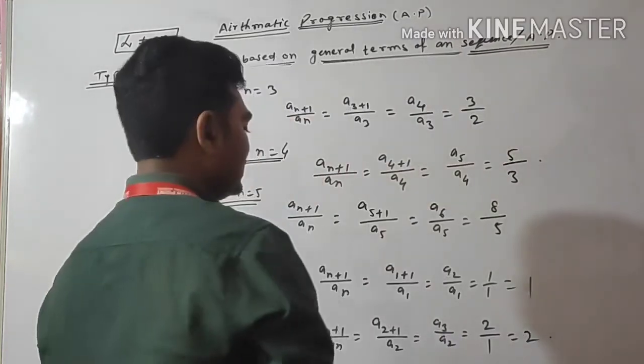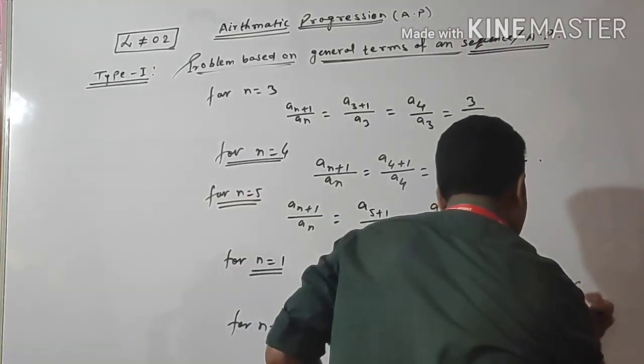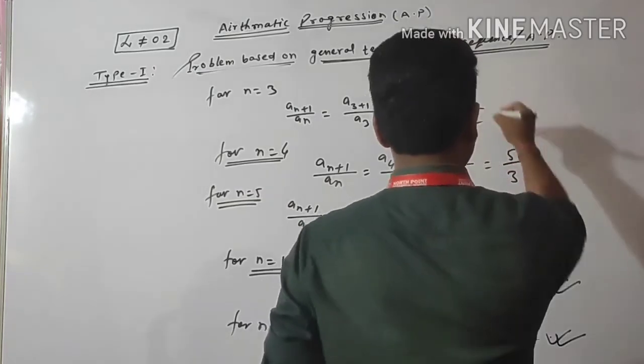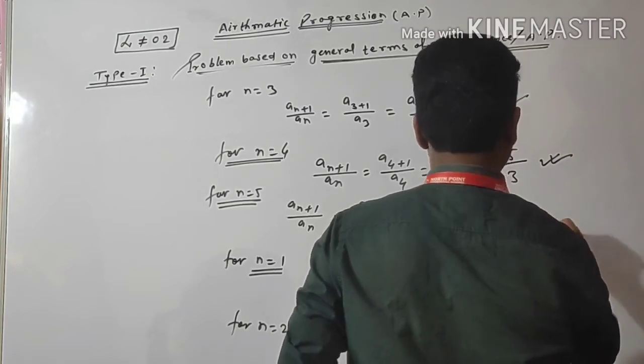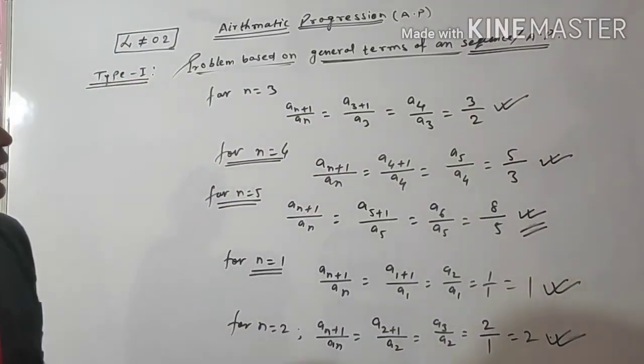So the final answer is 1, 2, 3 by 2, 5 by 3, and finally 8 by 5.